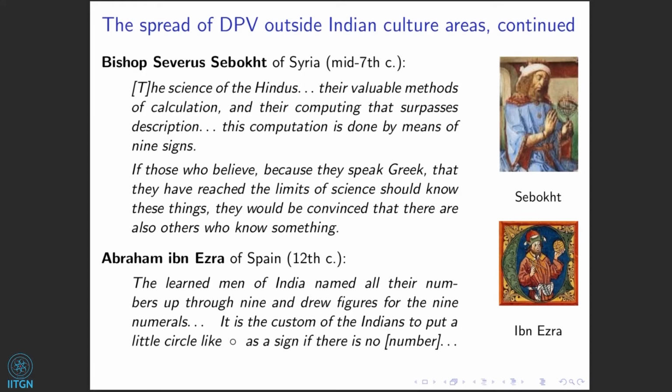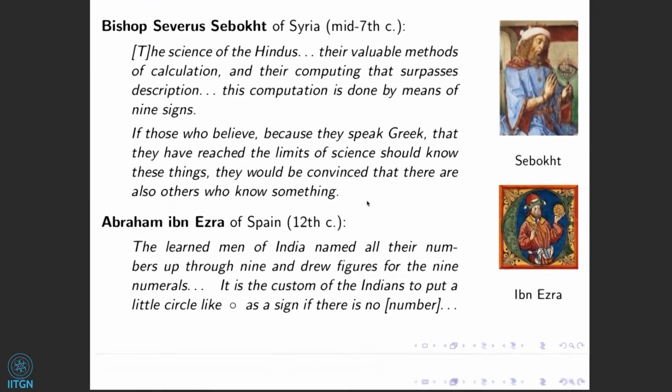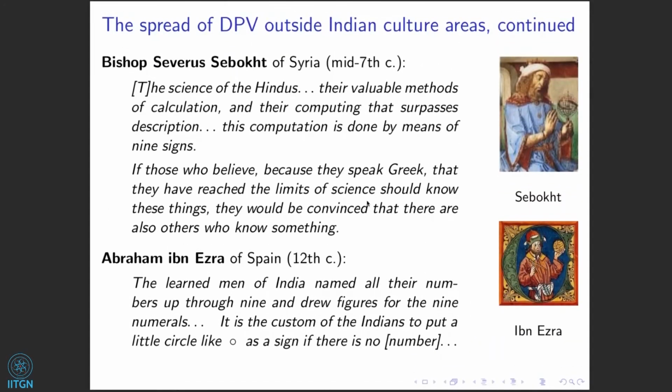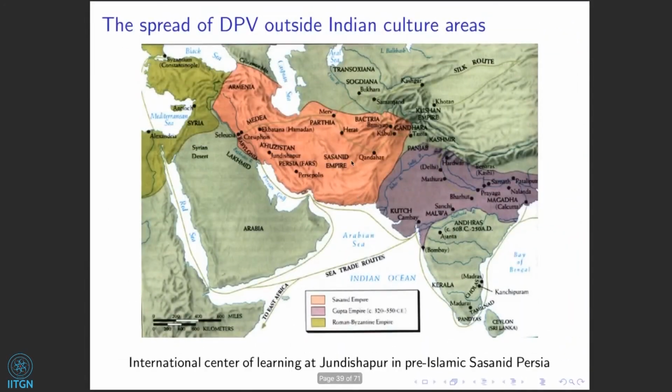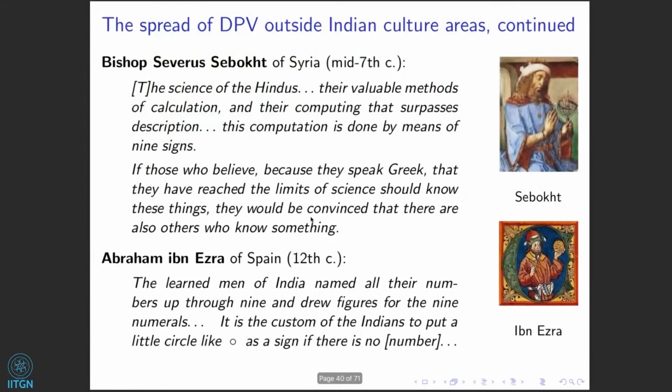And the fact that Sebokht is in Syria is probably not at all coincidental, because you can see this is part of the area that is in that cultural ambit of the Sasanian international learning.